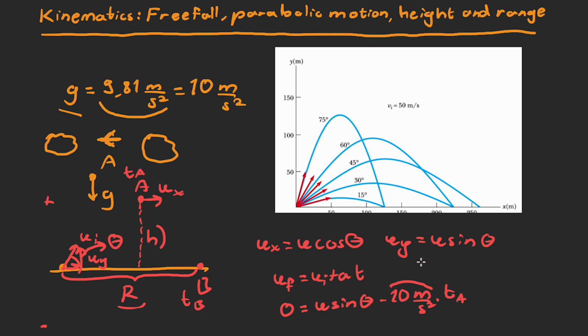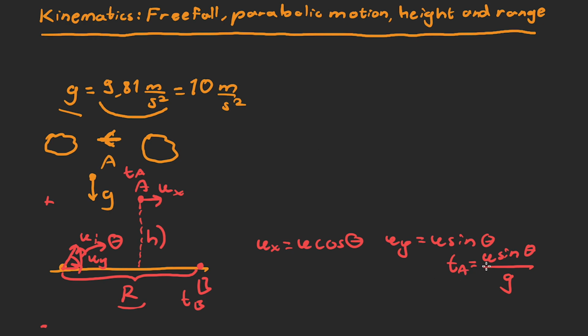Of course, the gravitational constant can be changed depending on the problem, so let's call this value g for the sake of definition. Now we can say that TA is equal to v times sine theta divided by g.